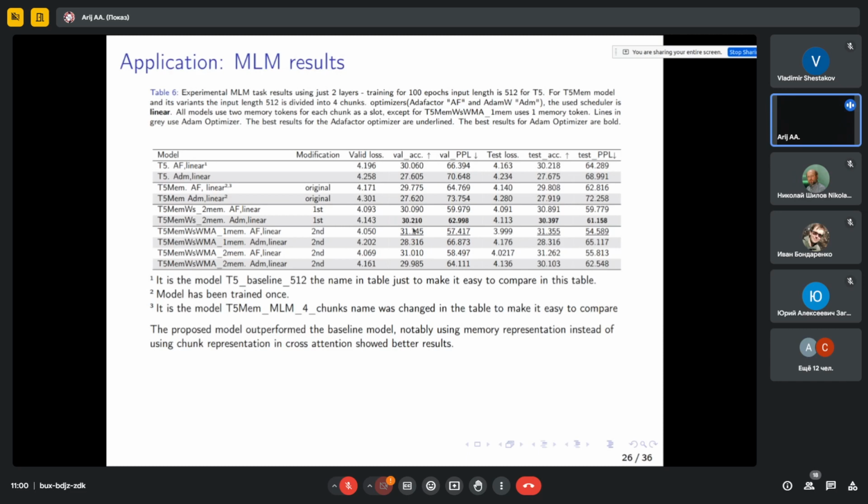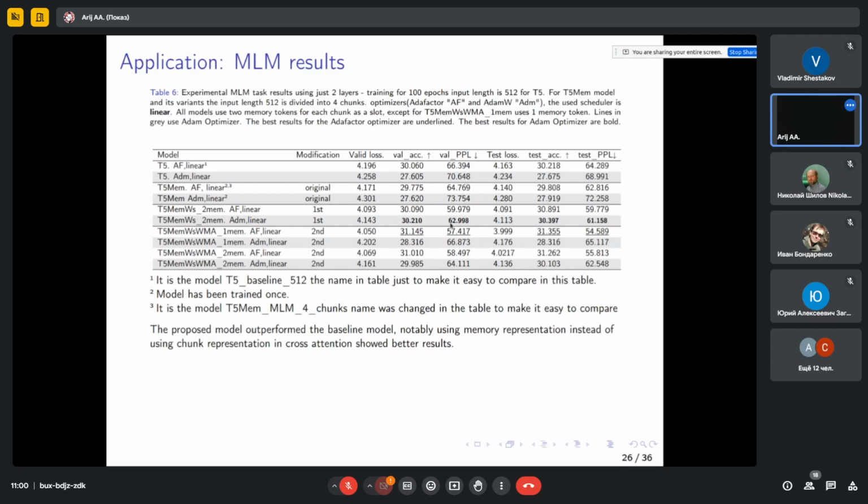What is interesting to note is that using just a memory slot of 2 tokens, with the Adam optimizer, gives us better results than the original version of the proposed model and the baseline T5.